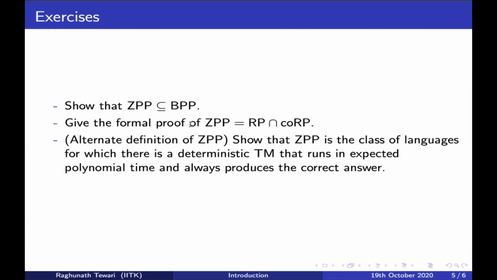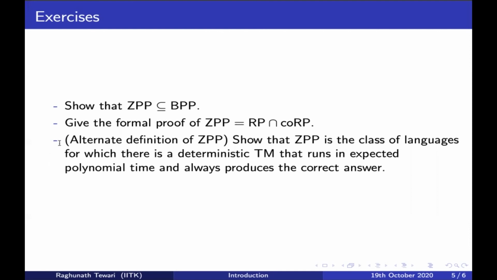Next exercise is to give a formal proof of the result that I just mentioned. The one in the previous slide is just a proof sketch. You have to modify it a little more formally, and then argue that ZPP is RP intersection coRP. Of course, you also have to argue that whatever construction you are giving runs in polynomial time.